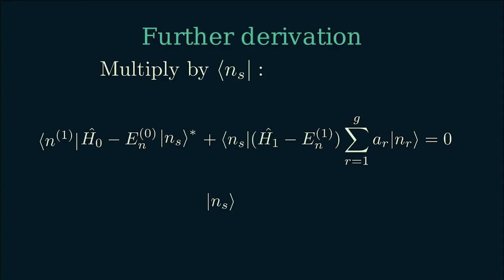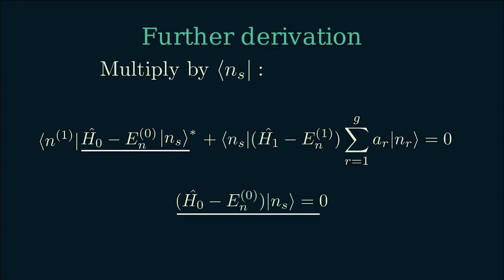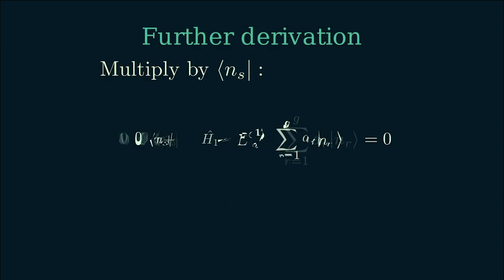It means that it satisfies the following equation. If we move all terms to one side and then factor out ns, then this is exactly what we have in our first term. And therefore, the first term is just 0.